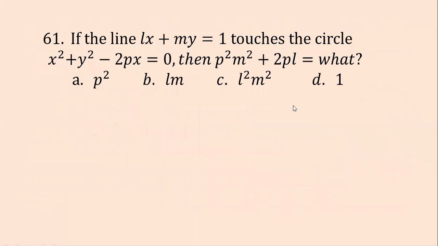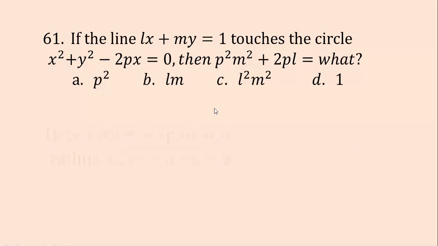Okay, then 61. If the line lx plus my is equal to 1 touches the circle, this one, then this is equal to what? Actually, this question may be rearranged in this form. Under which condition this straight line touches this circle? We solved few questions earlier also.